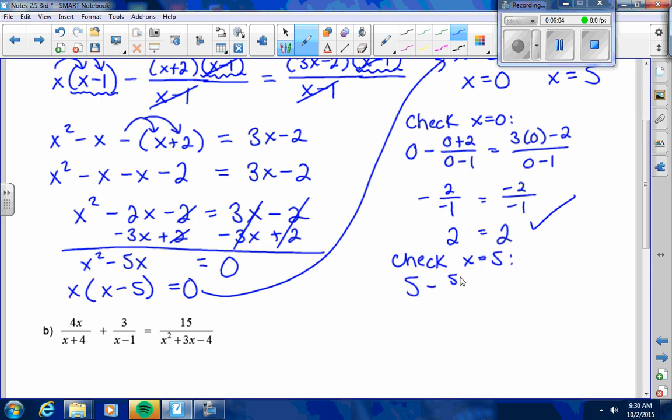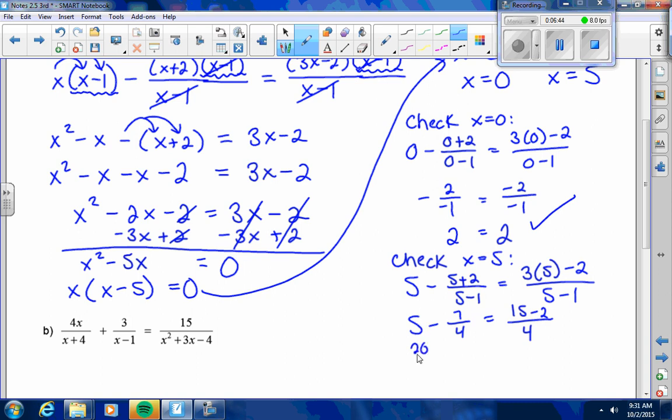So 5 minus (5 plus 2) over (5 minus 1) equals (3 times 5 minus 2) over (5 minus 1). So 5 minus 5 plus 2 is 7, 5 minus 1 is 4, equals 3 times 5 is 15 minus 2 over 5 minus 1 is 4. If I have to do 5 minus 7/4, what can I change 5 into? 5 over 1 becomes what to get that denominator of 4? 20.